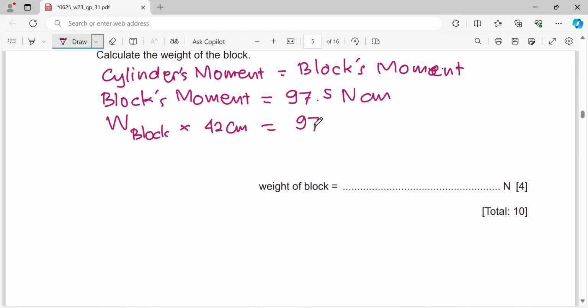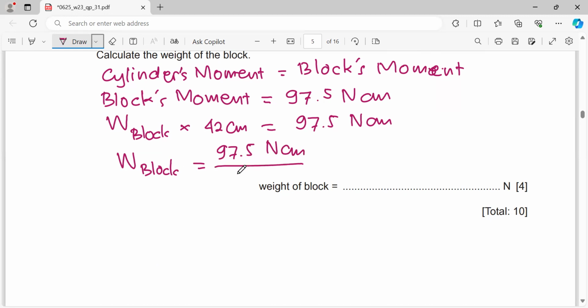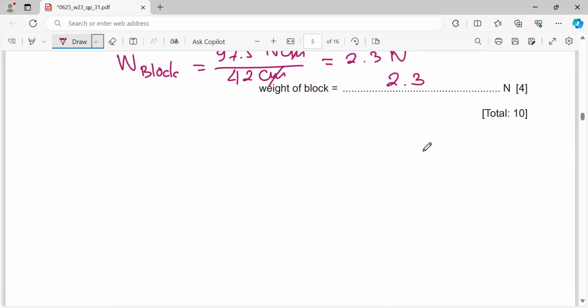So the weight of the block is 97.5 newton centimeters over 42 centimeters, and it is 2.3 newtons. So the answer is 2.3.